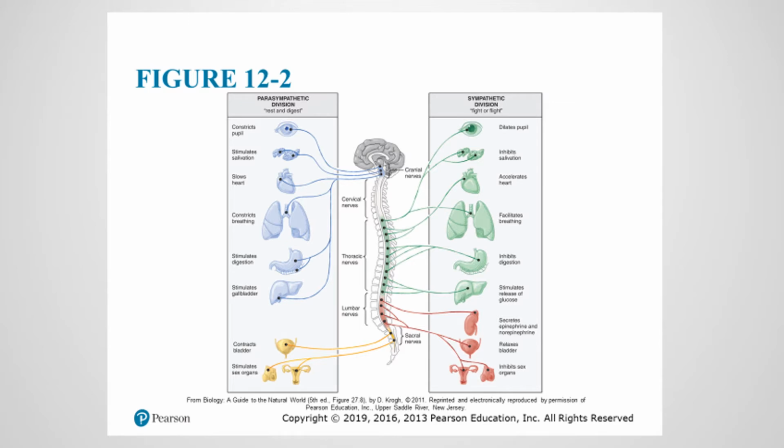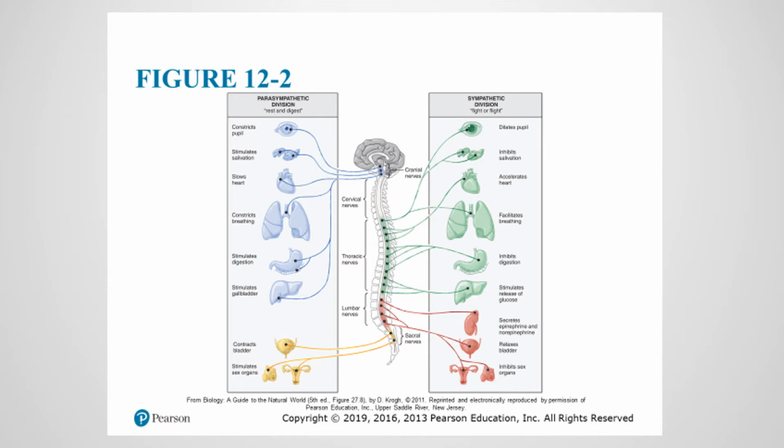Okay, for this next diagram, which is a repetition of the last module, just look at the organs that are involved in the two systems. They're all organs that are under autonomic control, right? Control that you don't need to be involved in.